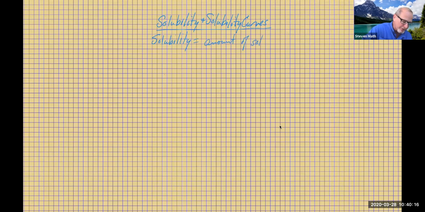And we're going to measure that in this case very simply: the solute in grams in a given amount of solvent. And in this case, that's going to be per 100 mils.